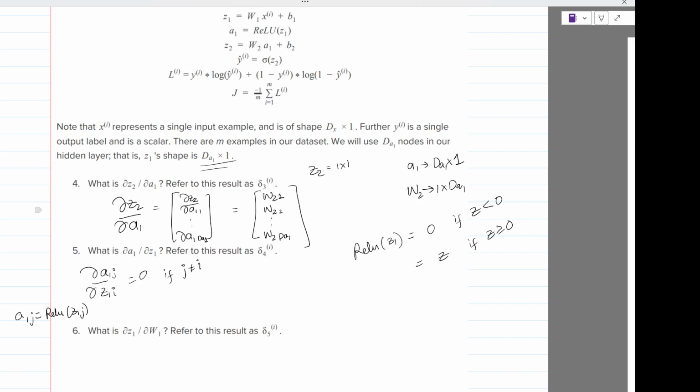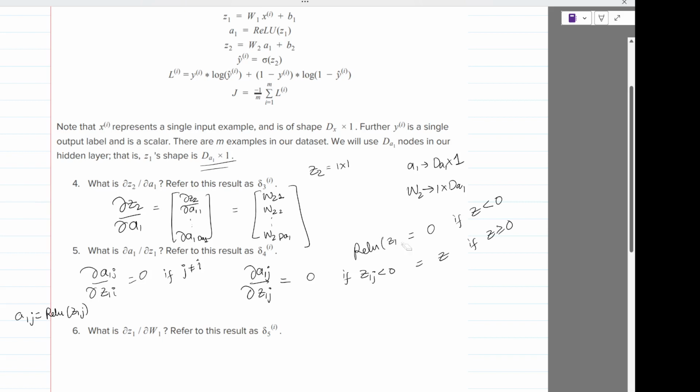So derivative with respect to z1 i will be 0. Now if I am saying del a1 j with respect to del z1 j, then that will be 0 if z1 j is less than 0.